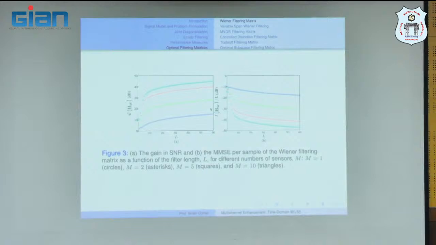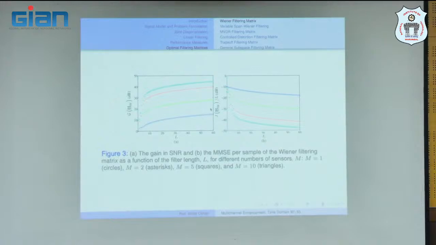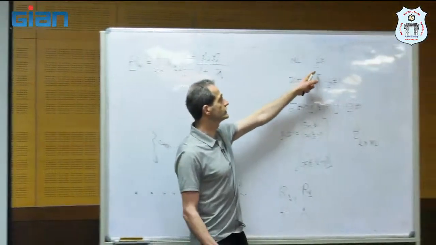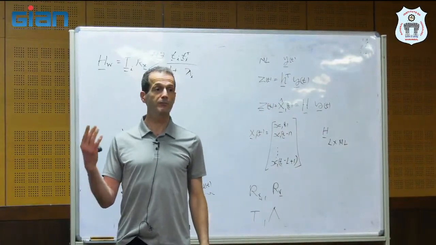Very nice. But this is obvious. Even if I asked you without showing you this example, you would agree, right? When you increase L or when you increase M, the number of sensors, you have a longer vector, because you use more samples from each sensor and you have more sensors, so a longer vector of measurements.